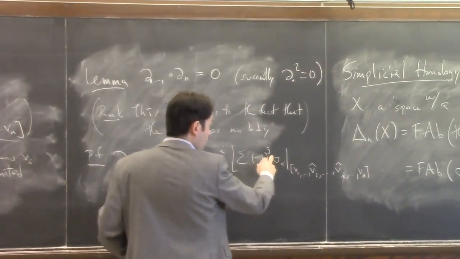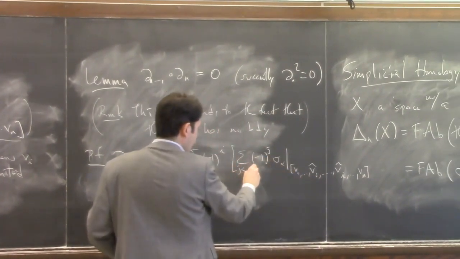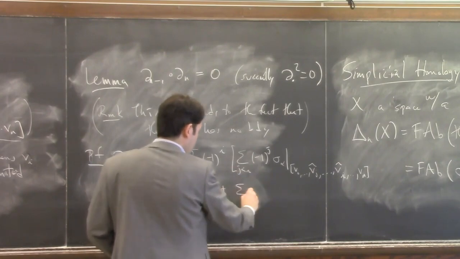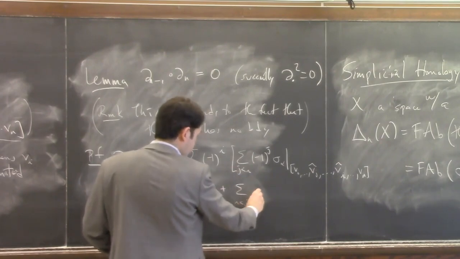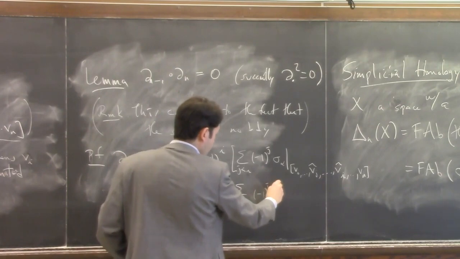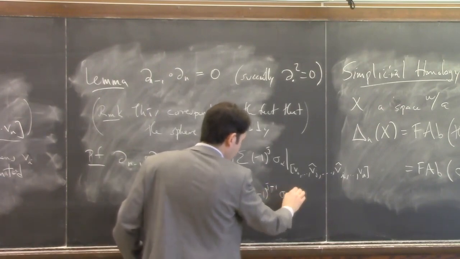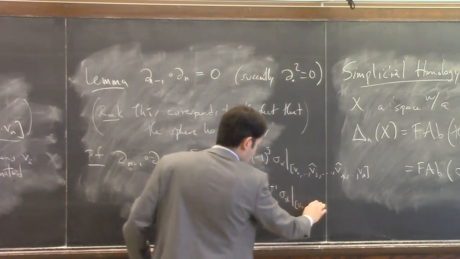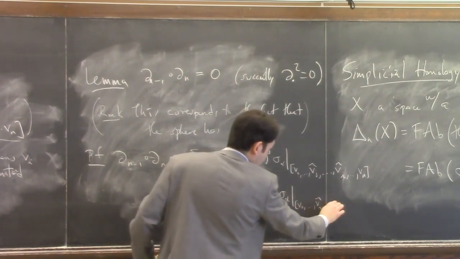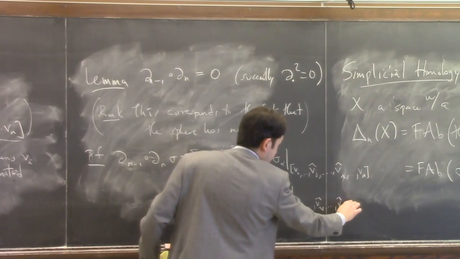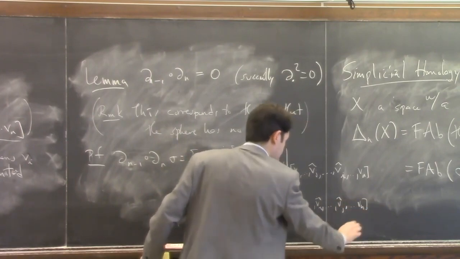It's going to be (-1)^j if j is less than i, but it's going to be (-1)^{j+1}, or minus 1 if you prefer, of sigma alpha restricted to here where v_i comes before v_j.